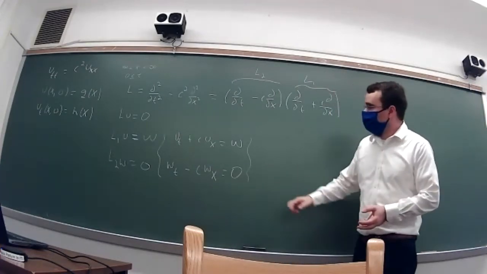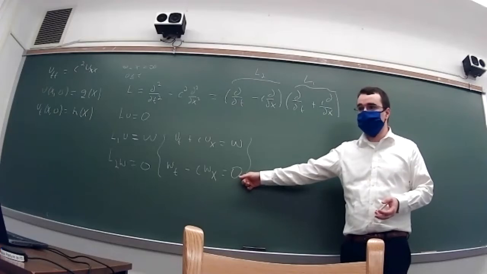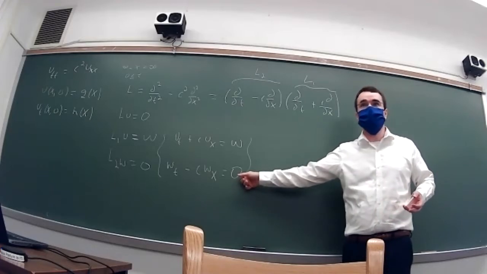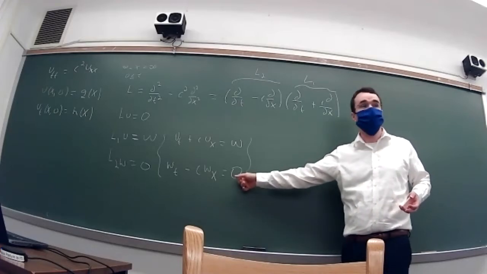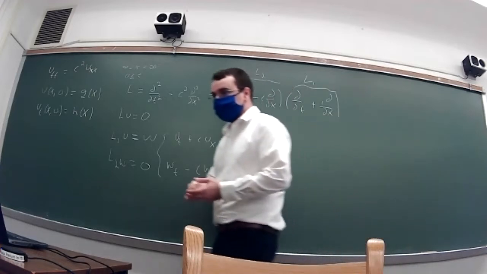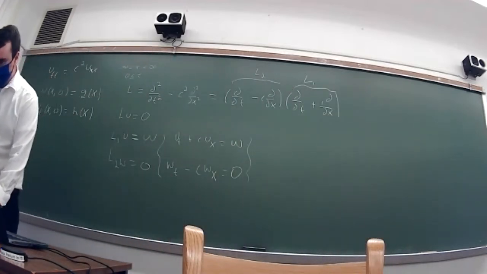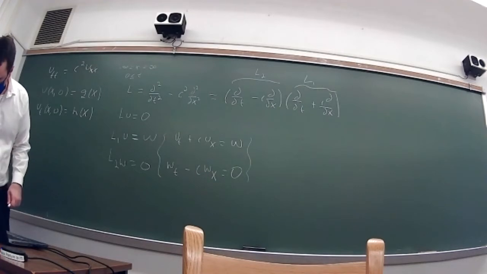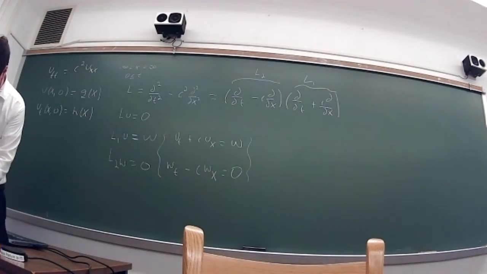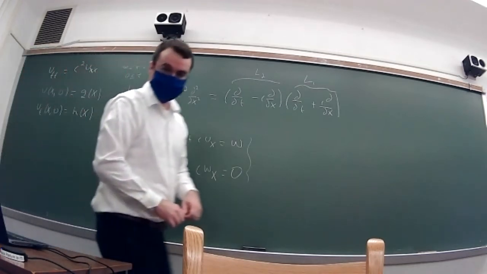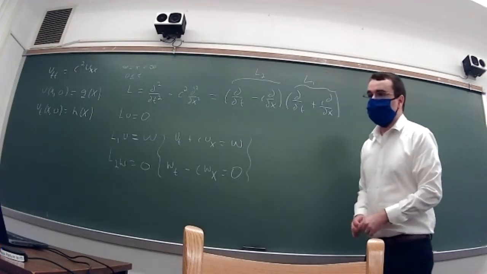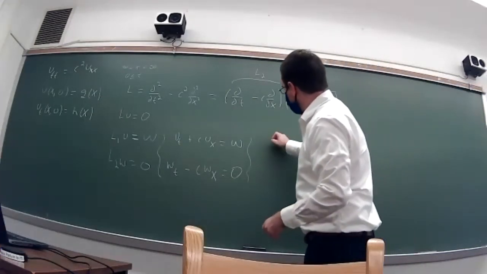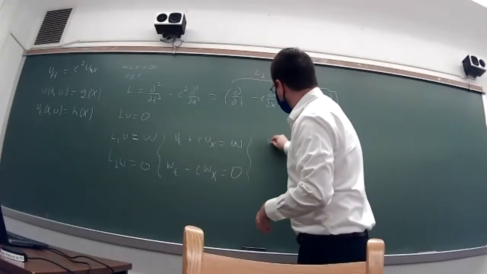Okay, and actually, since we know how to solve equations like this, I'm going to make it a class exercise. So take a minute and solve this second equation for W. You will need an initial condition, so I'll give that to you.